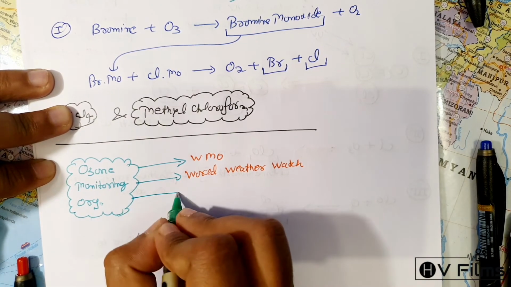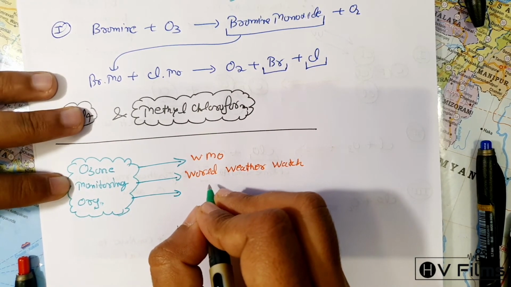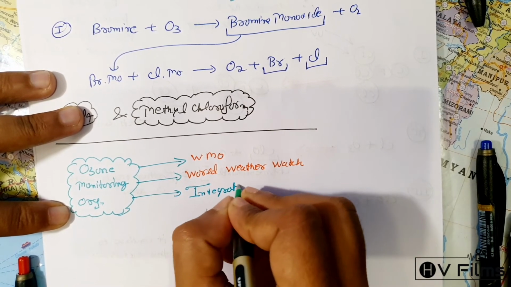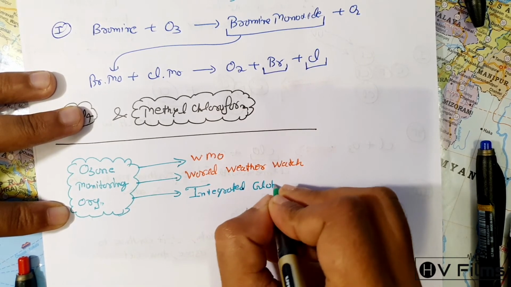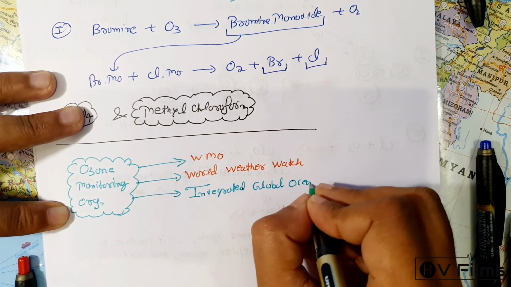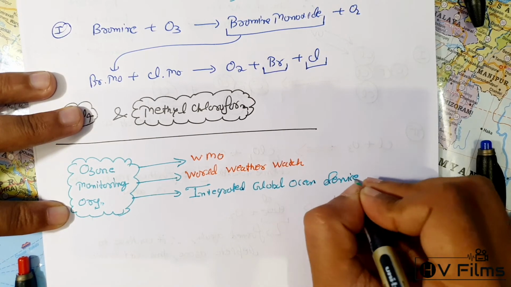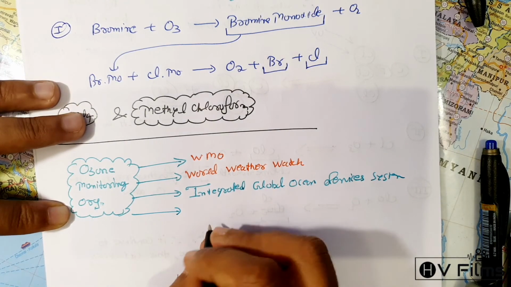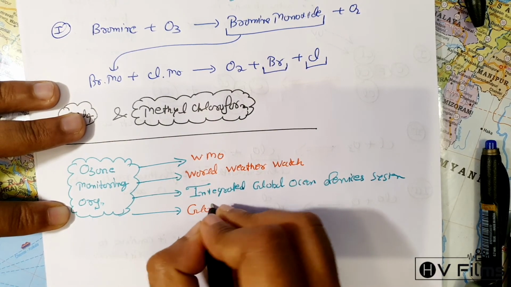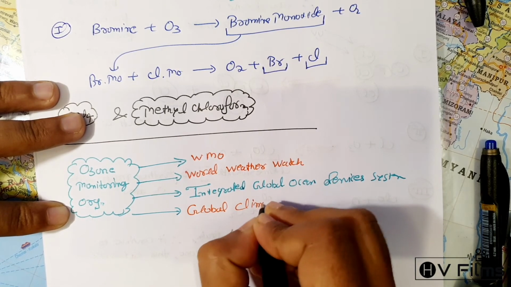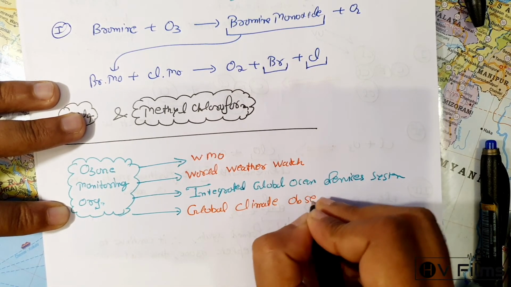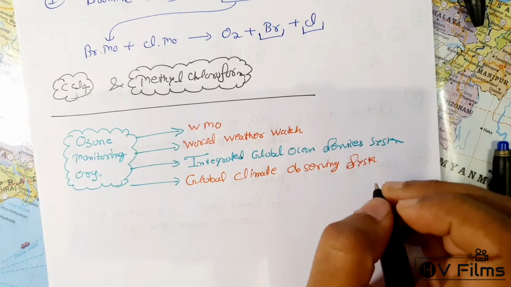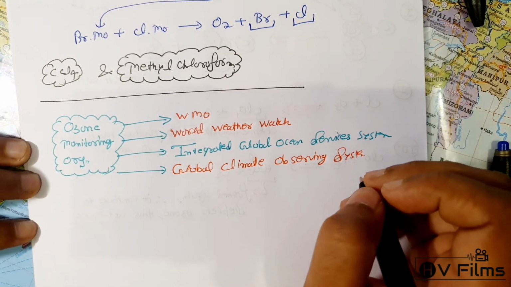The third one is the Integrated Global Ocean Services System. And the fourth one is the Global Climate Observing System.